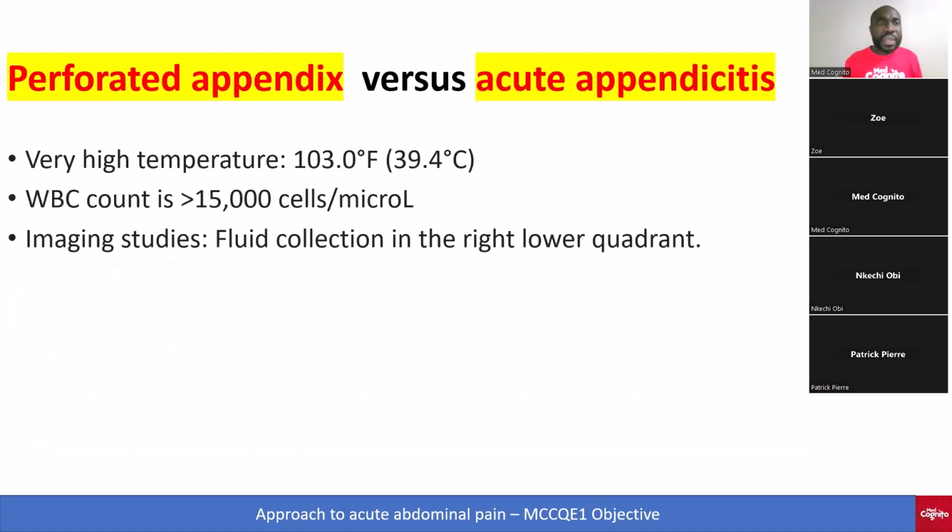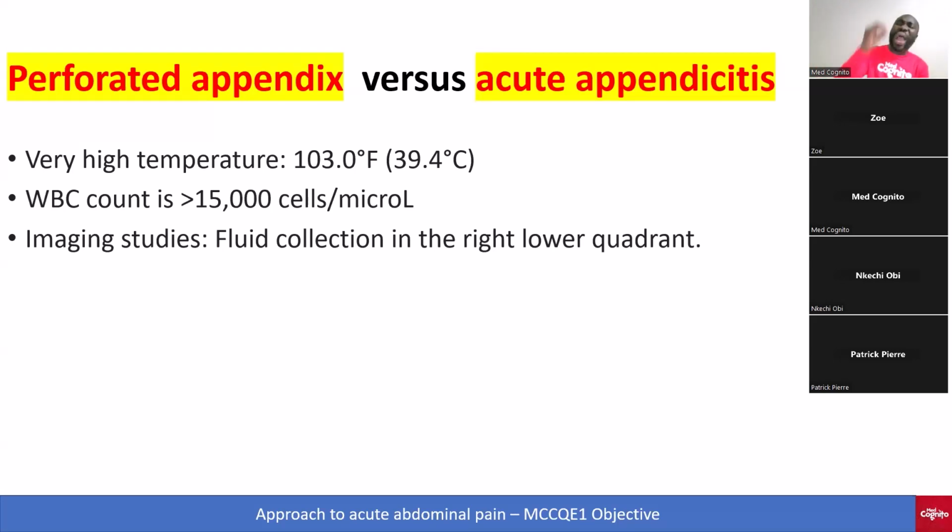So now, let's jump into the various differentials. Perforated appendix versus acute appendicitis. We saw a question on it. Now let's dive deep. With a patient with perforated appendix, usually the temperature is very high, about 39.4, because the patient may be developing an abscess or peritonitis.